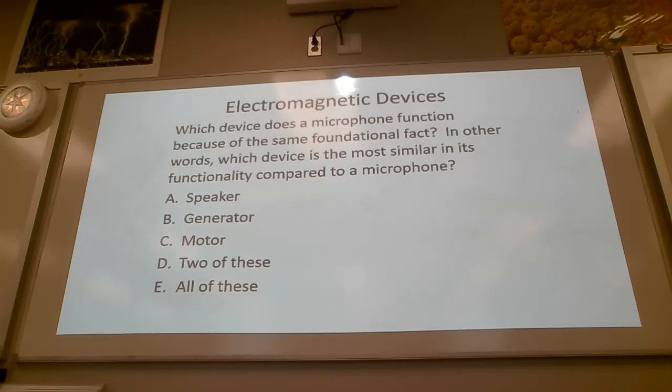I'm thinking like... Yeah, that's exactly it. Which one uses microphones? Correct answer is?